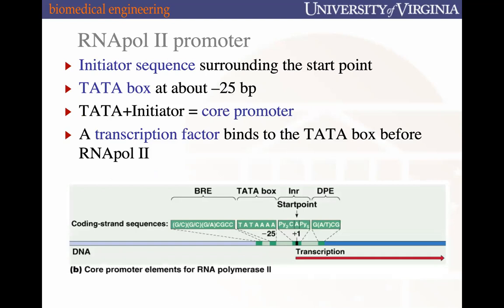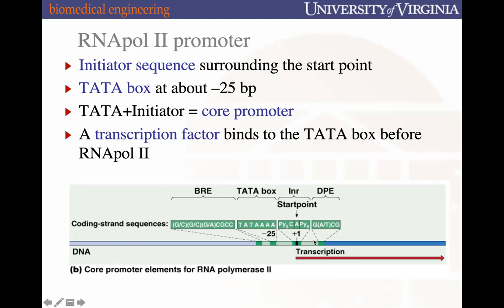So the initiation of transcription occurs at the promoter region, and RNA polymerase II is recruited to that promoter region. We have this initiator sequence around the start point. Let me see if I can use my mouse here.